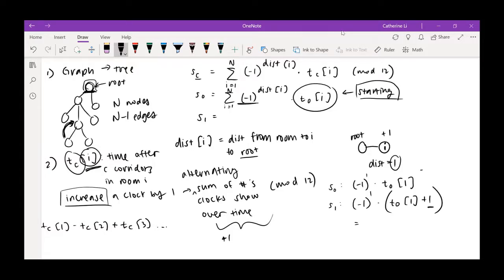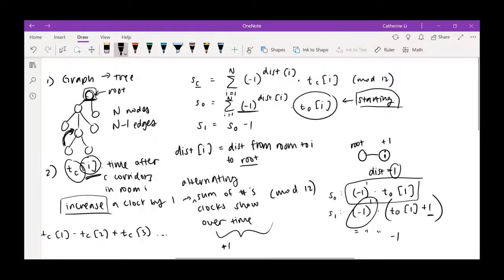And this is just the term in S_0 minus 1 from this -1. So everything else stays the same because we haven't gone to those rooms or messed with those clocks, but we're subtracting 1 from this term. So overall, S_1 is S_0 minus 1.